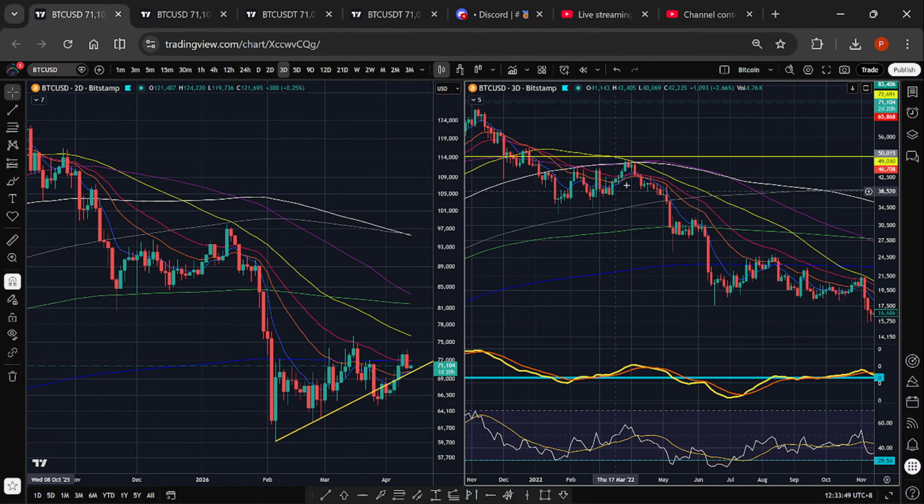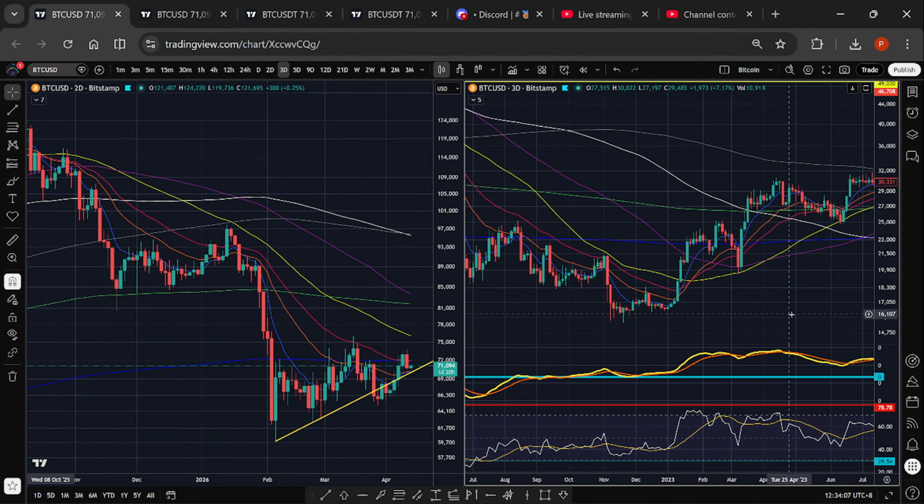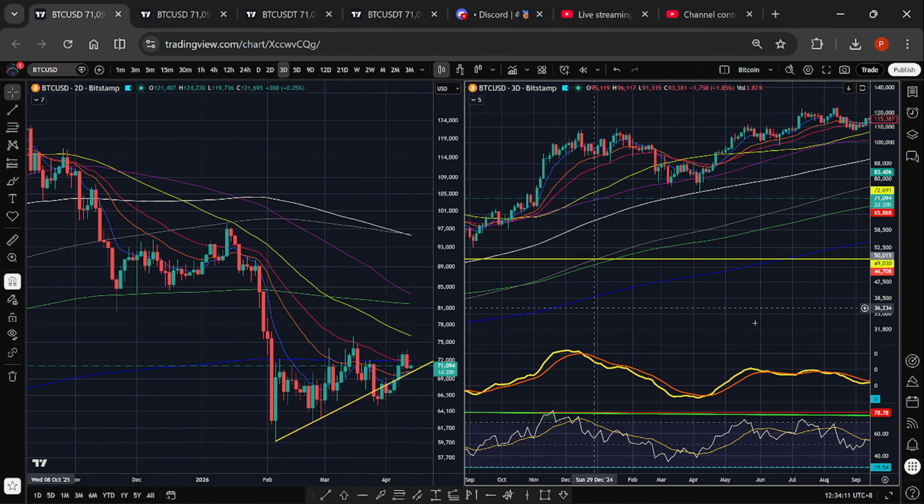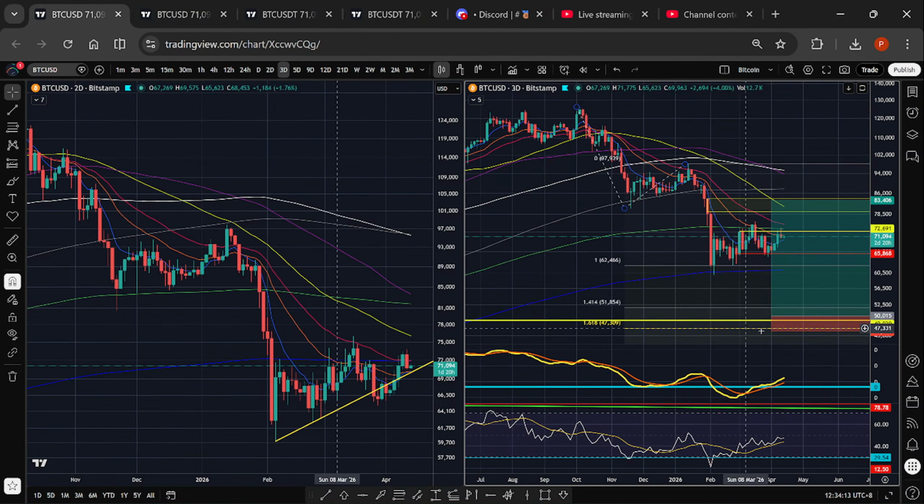See here, this older one back in 2022, and we come down, it stays under the yellow here, and here, and we have a look where we are now.